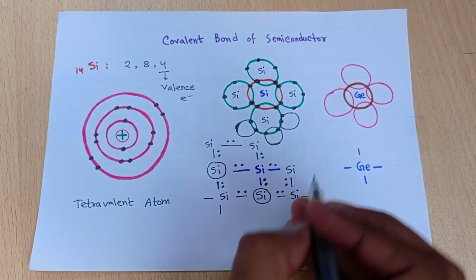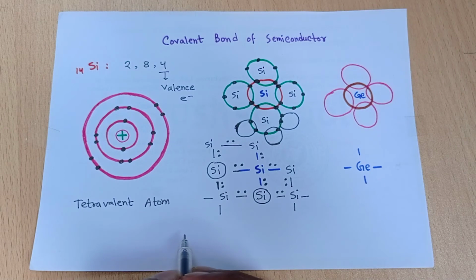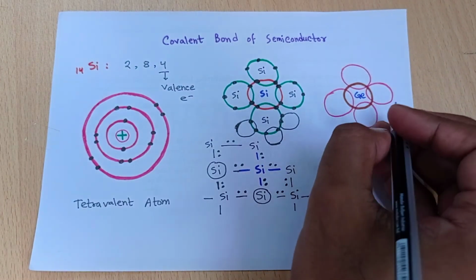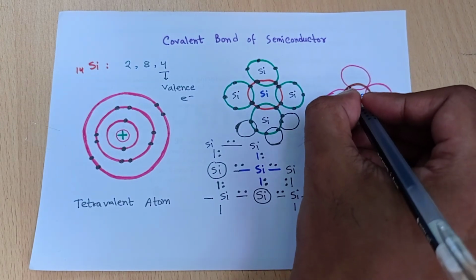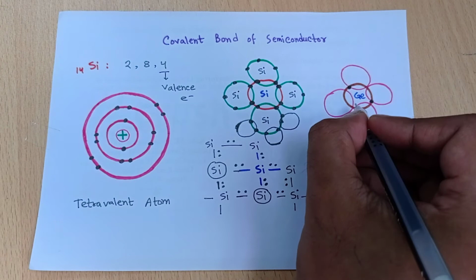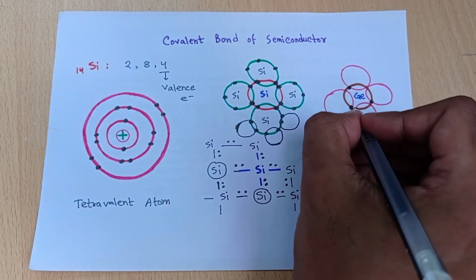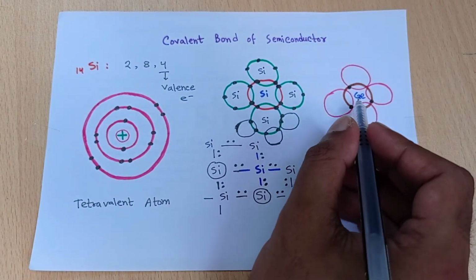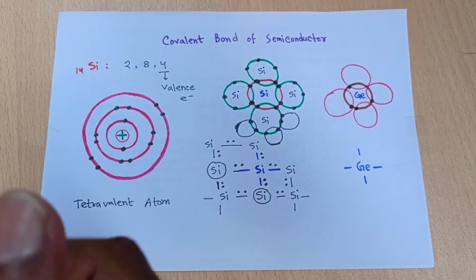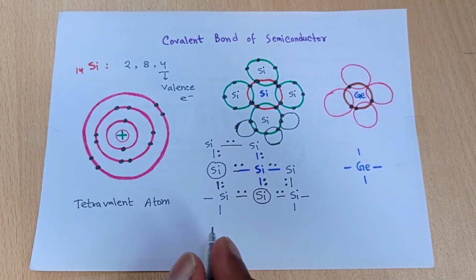Now, if you look at the germanium atom, this is the central atom of germanium, and this germanium also contains 4 outer shell electrons. Suppose these are the 4 outer shell electrons of germanium, and these can easily make covalent bonds with another germanium atom.